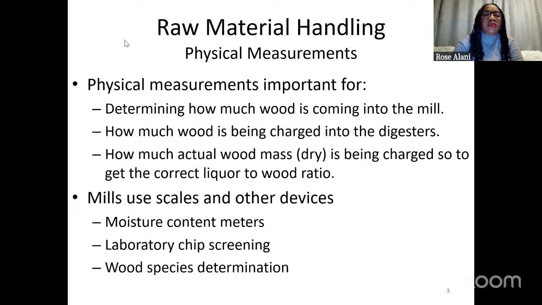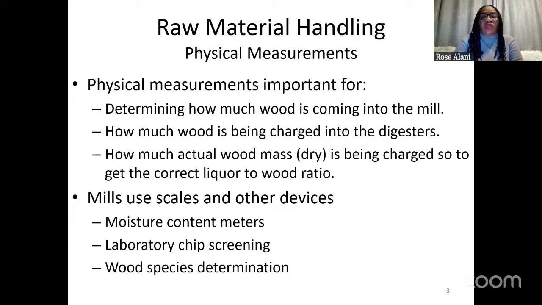And so how do you handle the raw material? First of all, we look at the physical measurement of the raw material. It's important to determine how much wood is coming into the mill. I'm talking of the mechanical pulp mill.